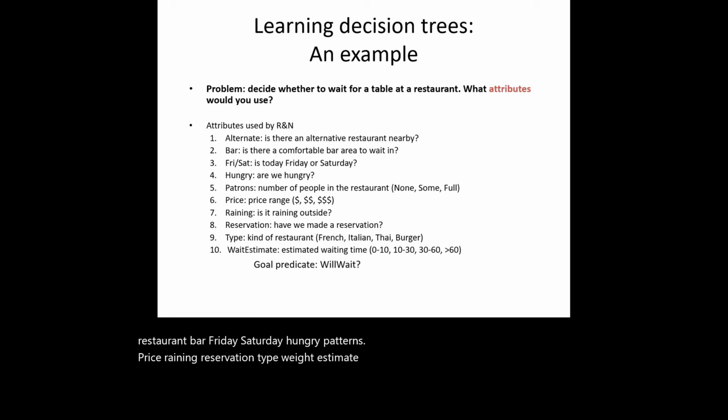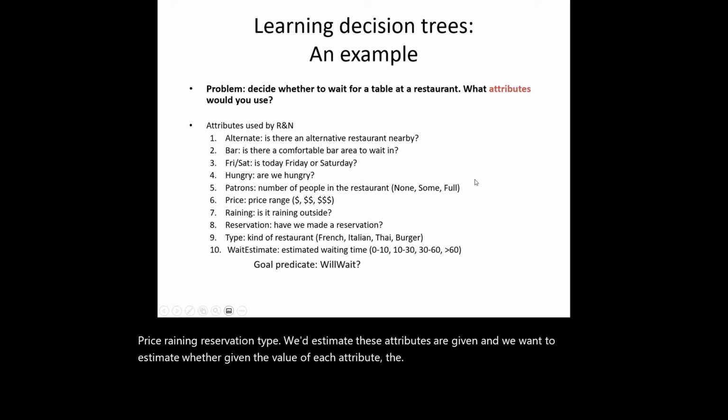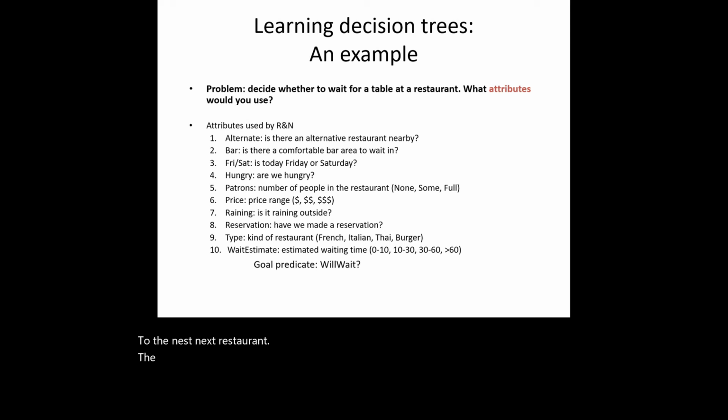These attributes are given, and we want to estimate whether, given the value of each attribute, the person waiting in line outside the restaurant will keep waiting or move on to the next restaurant. So the dependent variable here is will wait, which is a binary variable. Independent variables are these 10.